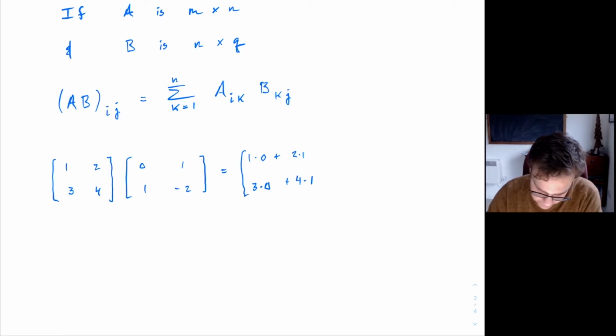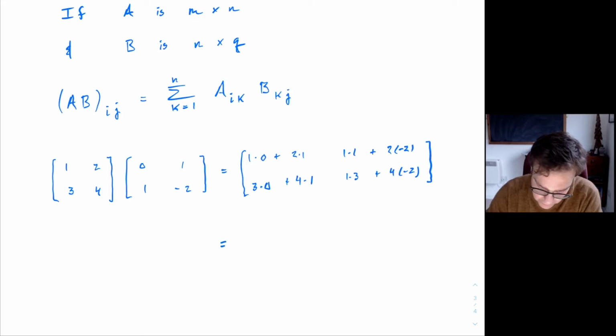For the next element over here, I get 1 times 1 plus 2 times minus 2. And then the last element, I get 1 times 3 plus 4 times minus 2.